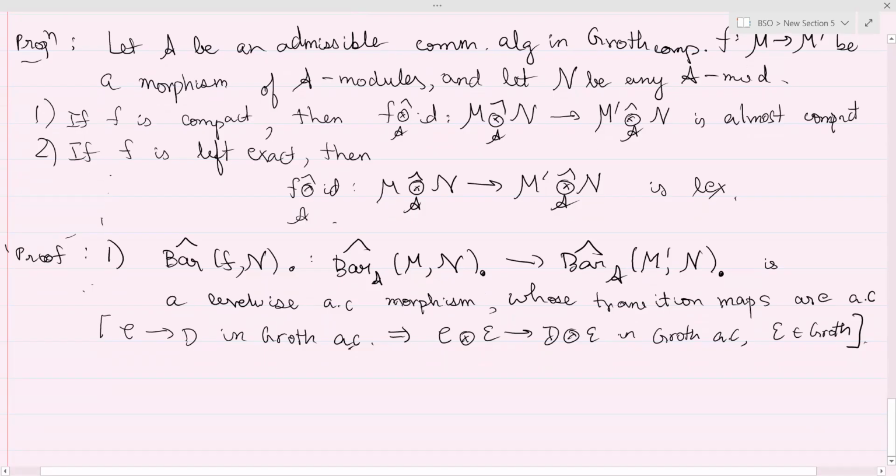Since the functor from Groth to Groth comp is nice enough, it's symmetric monoidal and it preserves colimits, we can make the corresponding statement for the uncompleted bar complex. So we can consider bar Fn.